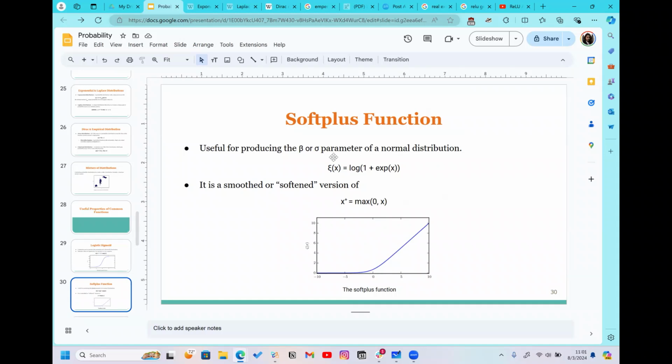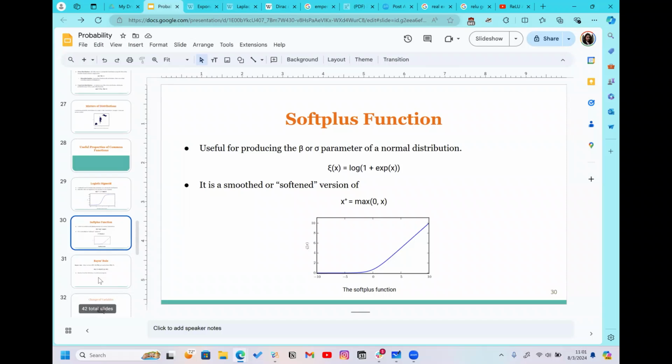And it is used for producing the sigma parameter of a normal distribution. They also introduce sigma inverse of x, which is the logit, and they talk about it not being used in machine learning, so it's not included here.